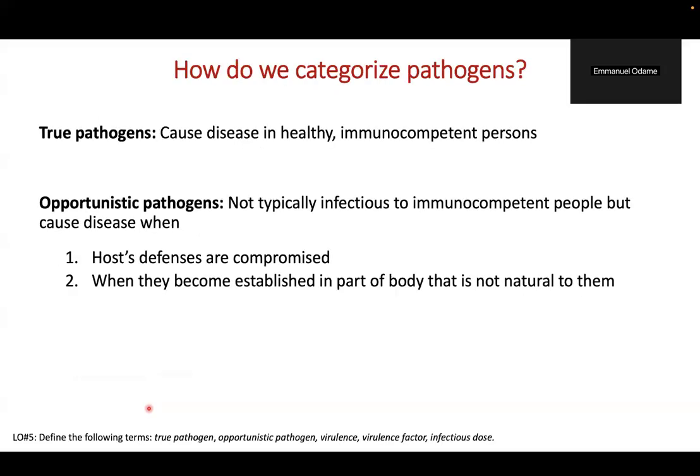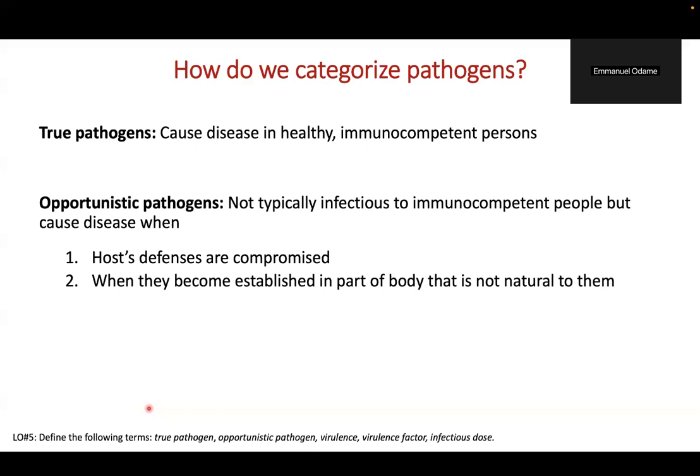So then it brings a problem of how we categorize the pathogens. What are true pathogens and what are opportunistic pathogens? The true pathogens are the ones that actually cause disease in healthy patients, that is, immunocompetent persons.